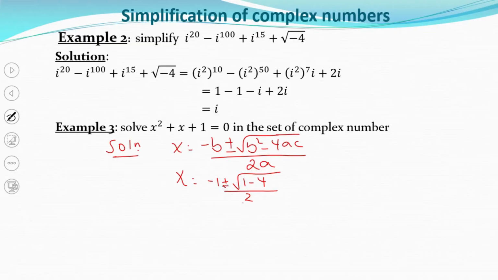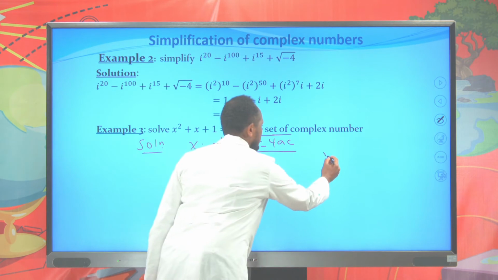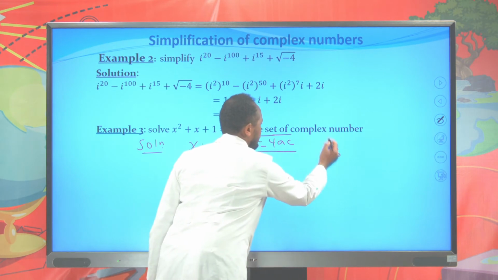The coefficient of a is 1, twice a is 2. So x equals negative 1 plus or minus the square root of 1 minus 4 over 2. So here the square root of 1 minus 4 is negative 3. The square root of negative 3, in the set of complex numbers, we can evaluate this.